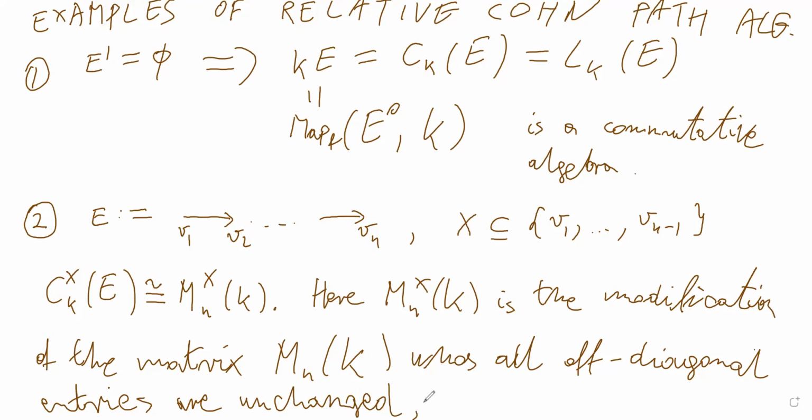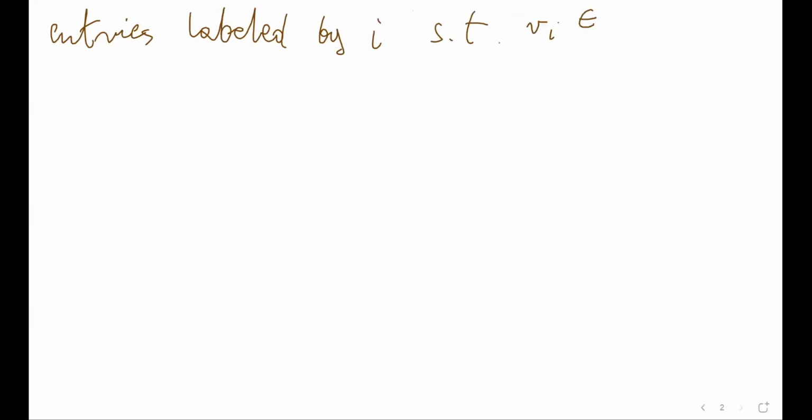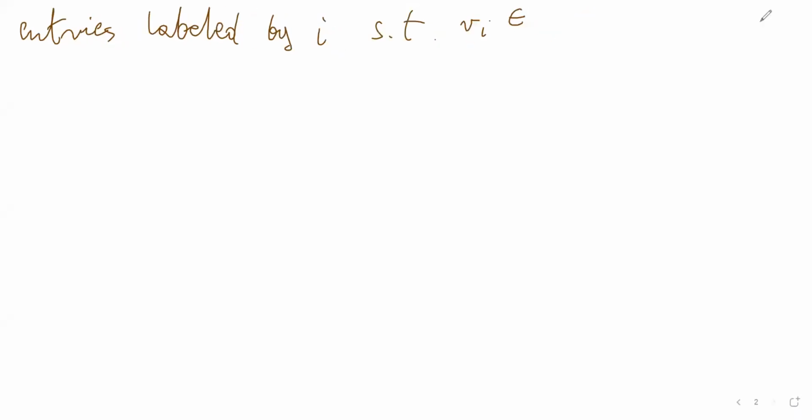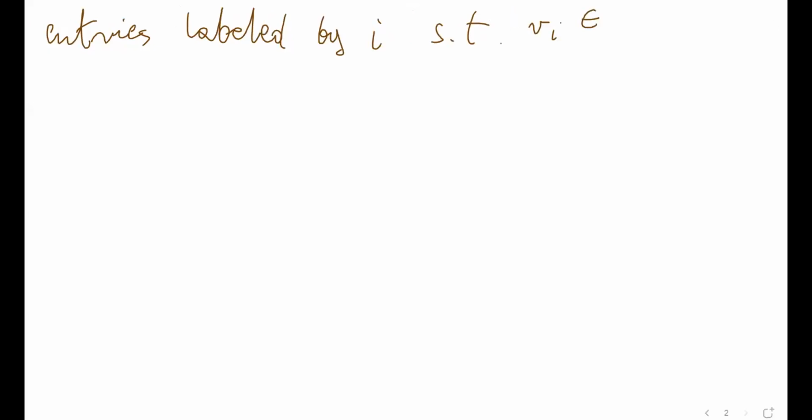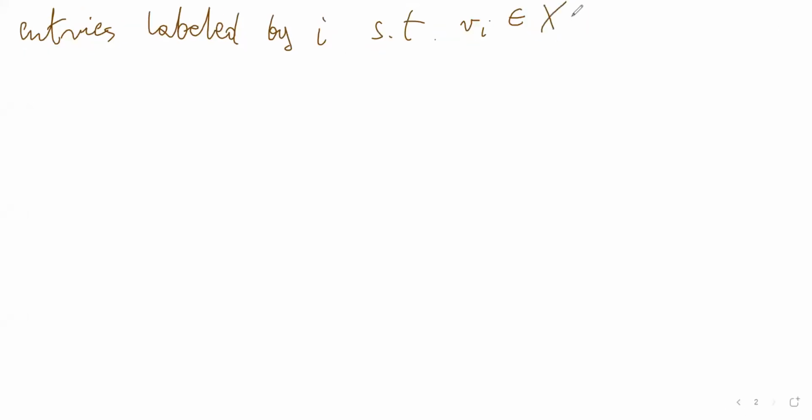All the diagonal entries labeled by i such that Vi, when I take the vertex Vi, does not belong to the set X union {Vn}.